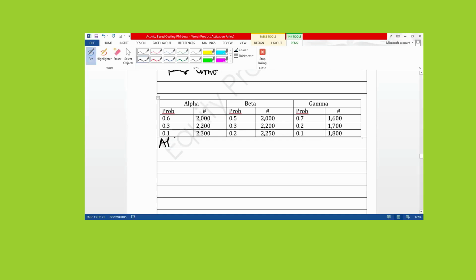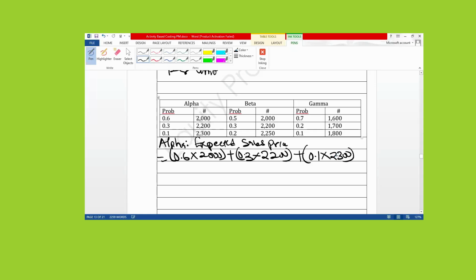Alpha: expected sales price is equal to probability 0.6 multiplied by the corresponding price, 2,000, plus probability 0.3 multiplied by the corresponding price, 2,200, plus 0.1 multiplied by 2,300.